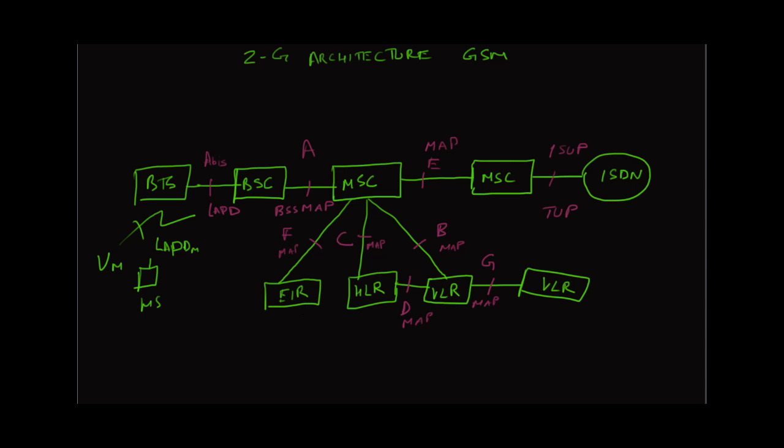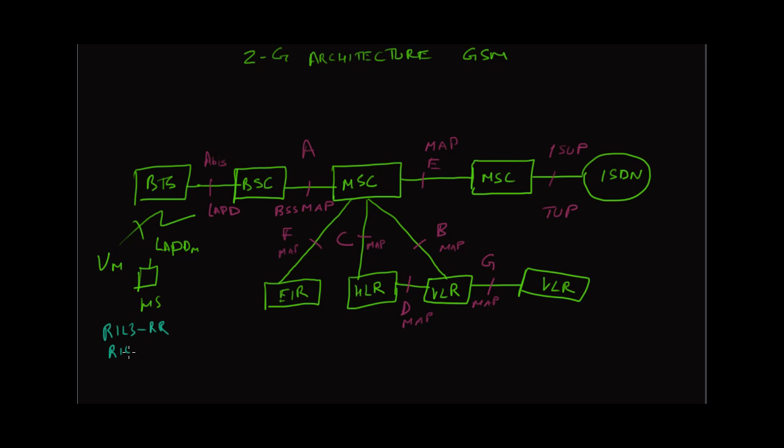Let's also talk a little bit about the LAPDm protocol and the messages that go in the information field. There are three types of messages that the LAPDm protocol's information field will carry. One is the RIL3 RR message, which is the radio resource message, responsible for the radio channel requests, power control, measurements.